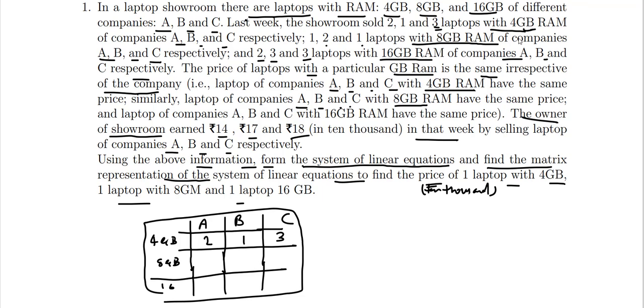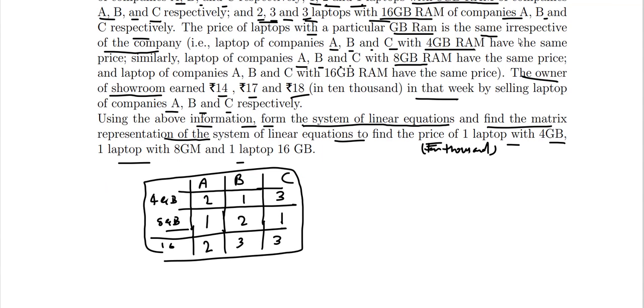Similarly, next he sold 1, 2, and 1 laptops with 8 GB RAM of the different companies A, B, and C. Next he sold 2 laptops, 3 laptops, and 3 laptops with 16 GB, for companies A, B, C. So this many laptops he sold.